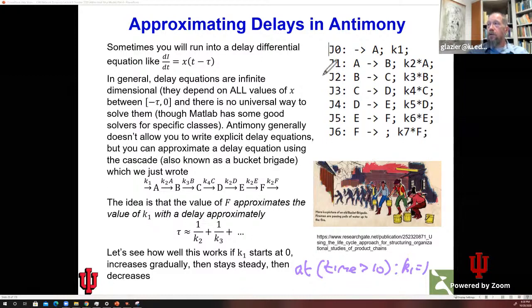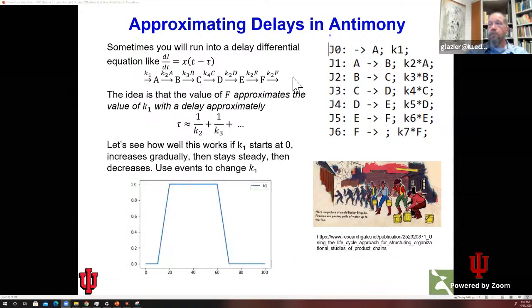And so what I want you to do, well, first I'll show you a little bit more and then we'll do this together. We're going to make K1 start at 0. We're going to have it go up gradually to 1.